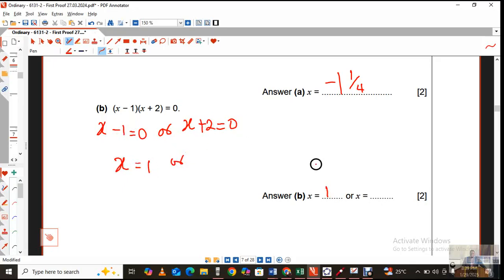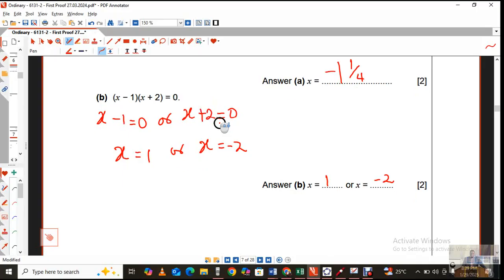Or if you take the other one over, you have x equals negative 2. That's it. And remember, if you were to put 1 here, that thing becomes 0. And 0 times anything will obviously give you 0. The same if you were to put negative 2 here and negative 2 there. You're going to get 0 as an answer, because one of the brackets will be equal to 0.